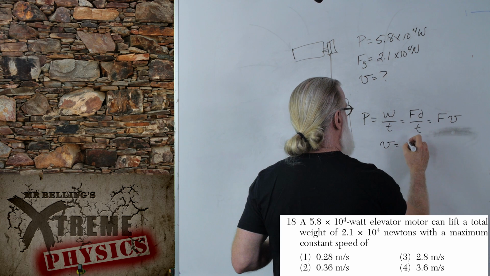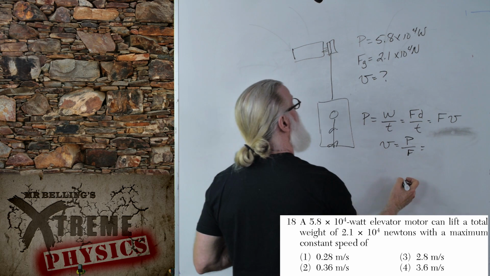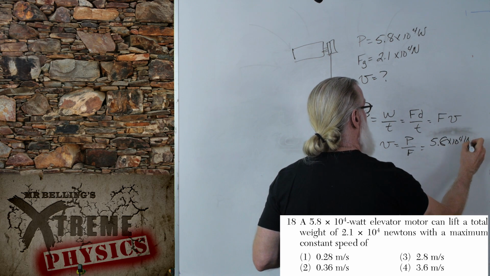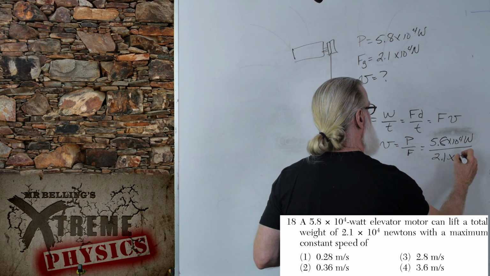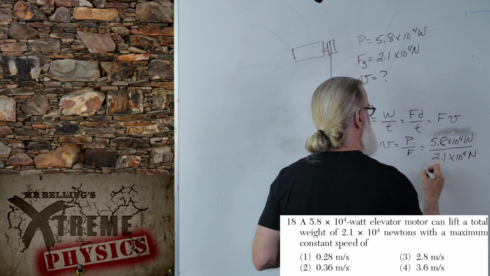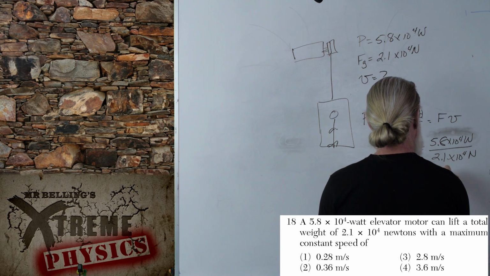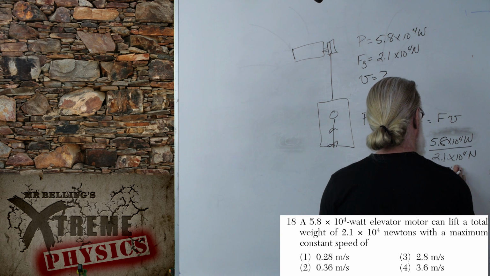Velocity, therefore, equals power divided by force. And the power is 5.8 times 10 to the 4th watts, joules per second, divided by 2.1 times 10 to the 4th newtons. 2.76. Actually 2.8, because they only gave 2 significant figures there, times 2.8 meters per second.